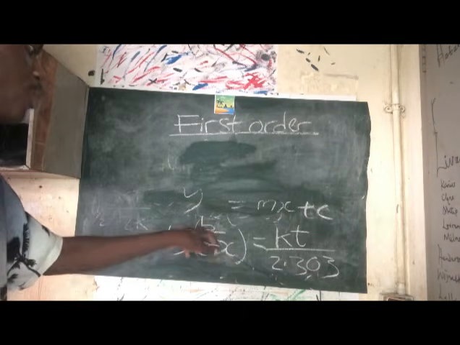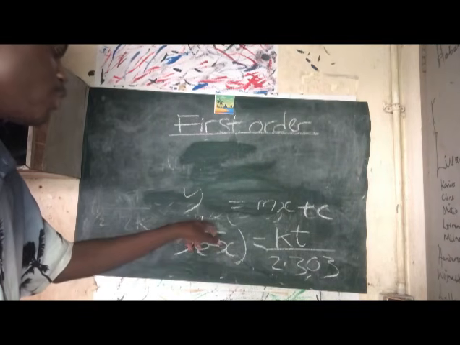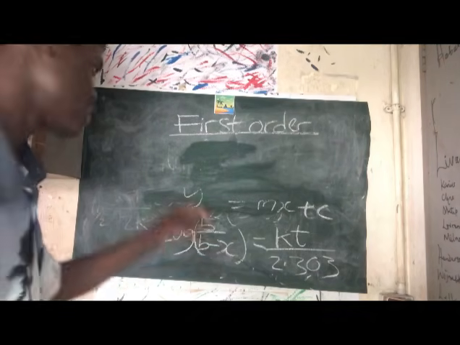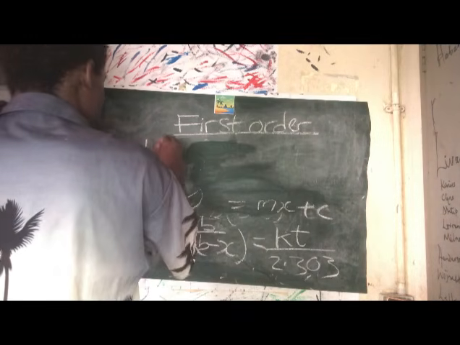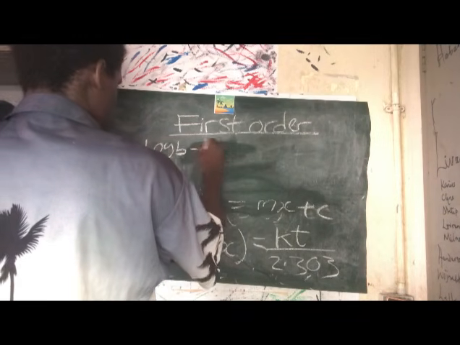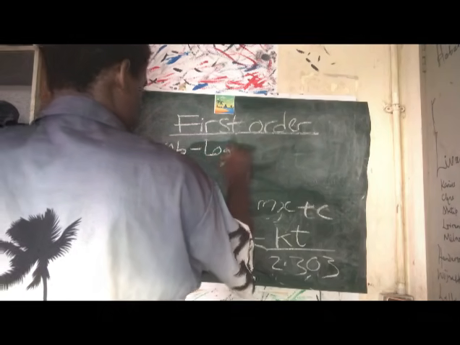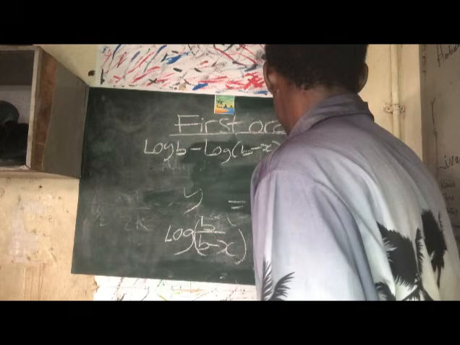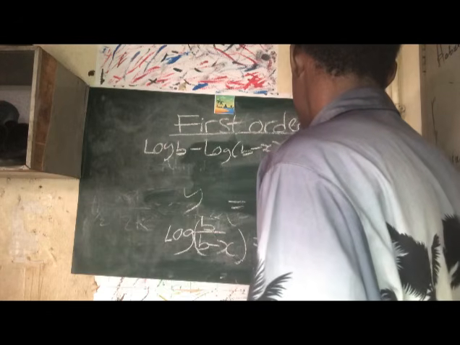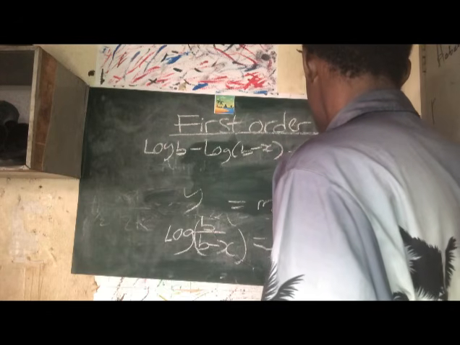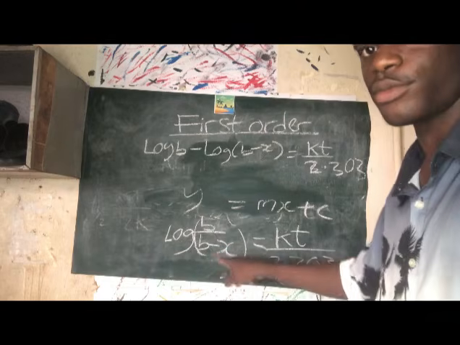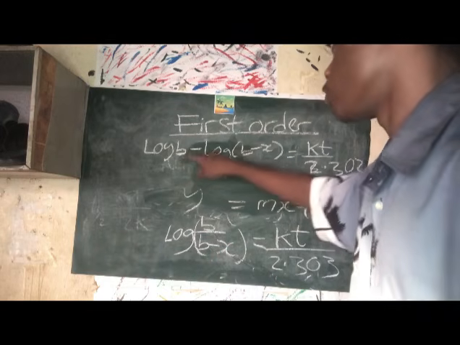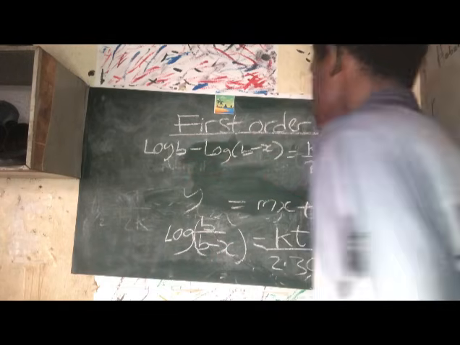So we know log b over b minus x can be written as log b minus log b minus x is equal to kt over 2.303. Law of logarithm, log b over b minus x can be written as log b minus log b minus x. So what's next?